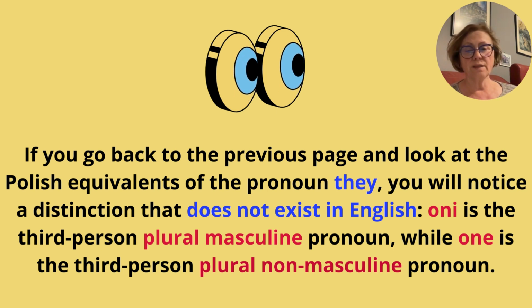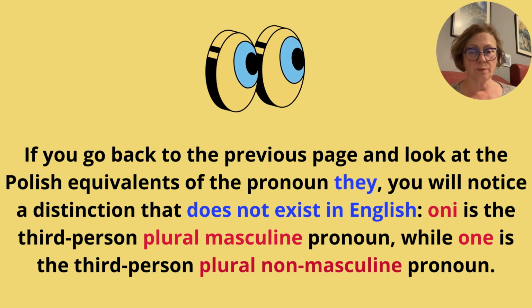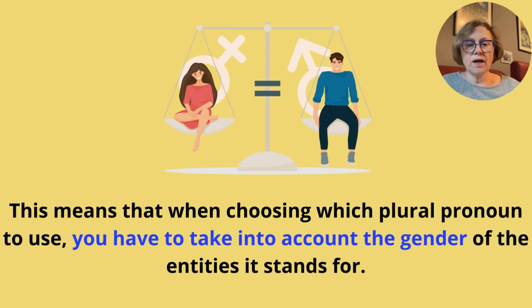Oni is the third person plural masculine pronoun, while one is the third person plural non-masculine pronoun. This means that when choosing which plural pronoun to use, you have to take into account the gender of the entities it stands for.